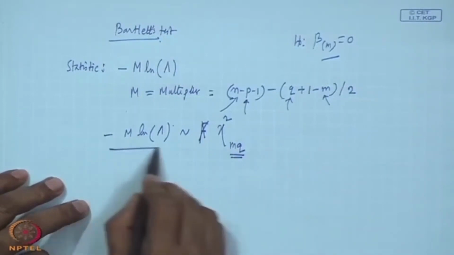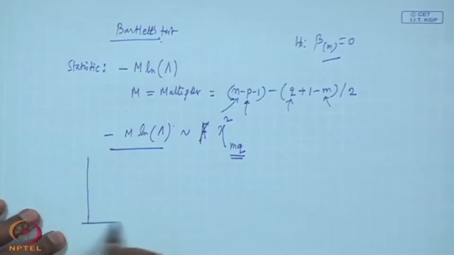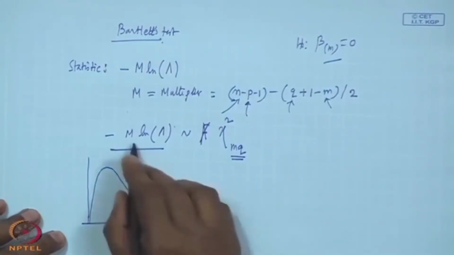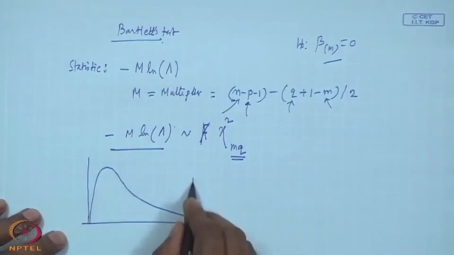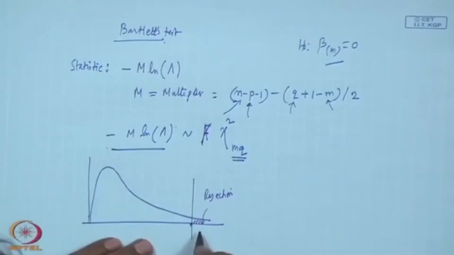Now, what you will do then? You know that this chi-square distribution looks like this, and our minus m log lambda follows chi-square distribution. So, for some value, that is the rejection region. So, you find out whether minus m log lambda is falling somewhere in the rejection region or not.